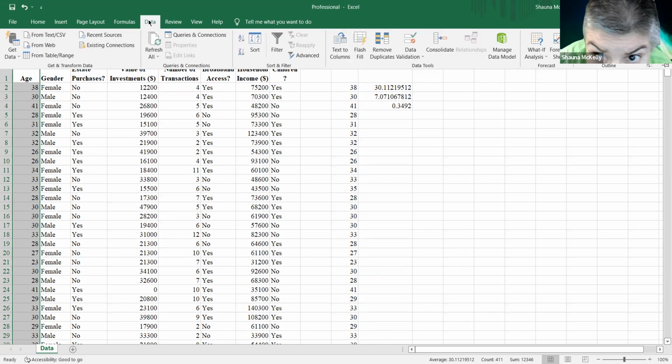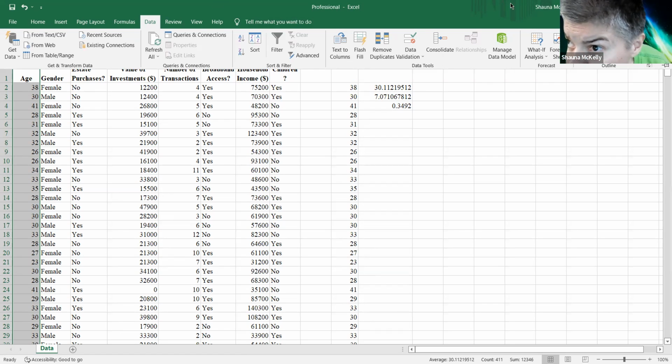For the average, Shauna, you went from J2 to J411. Okay, so for this one, I'll go K2 to K411. Yeah, it'll be the same. Looking for, there should be a data analysis function.